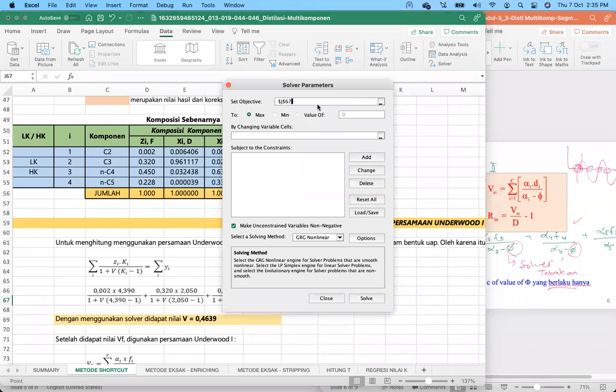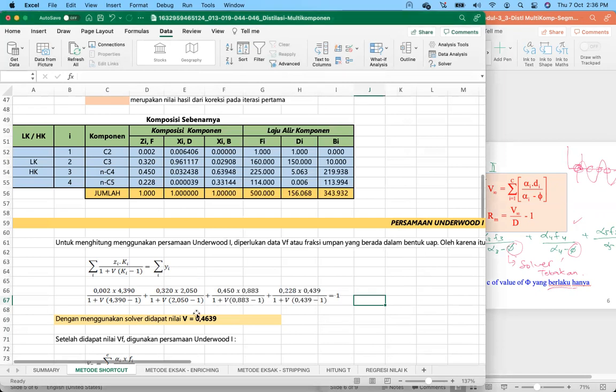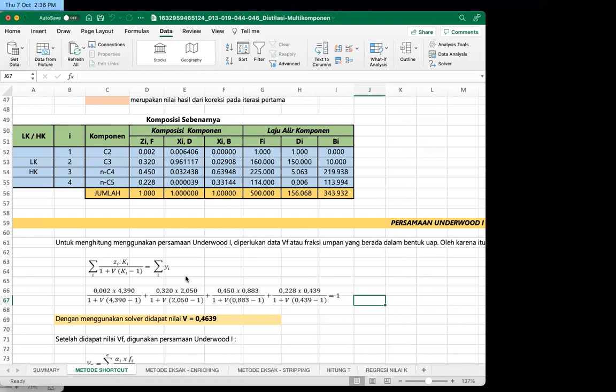For example, set objective by changing something, and then you check like a Goal Seek, and then you can solve with the Solver parameters. They did that, and then they found that the vapor fraction is 0.4639. Okay, that is from the Goal Seek.